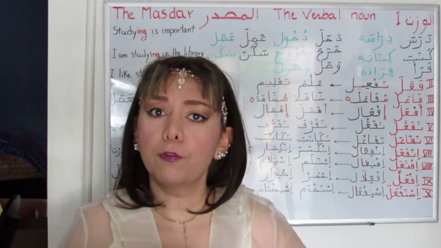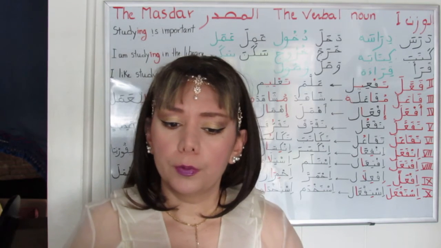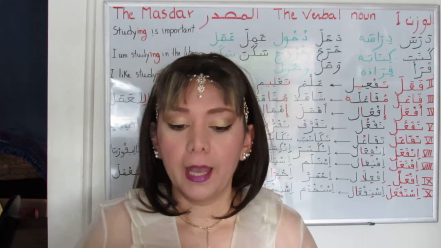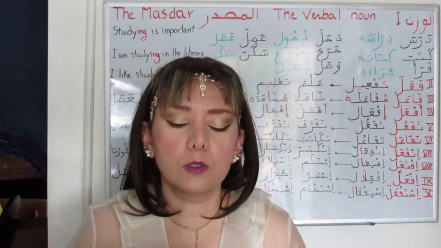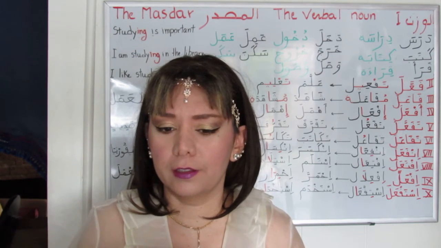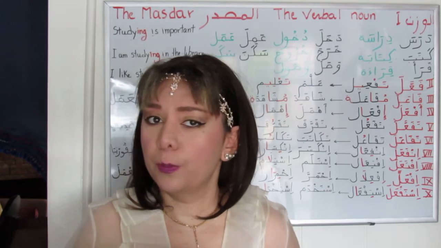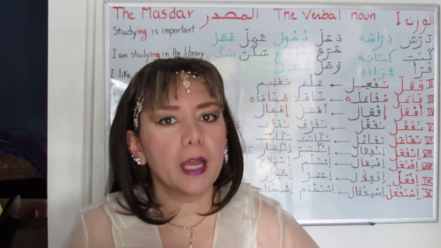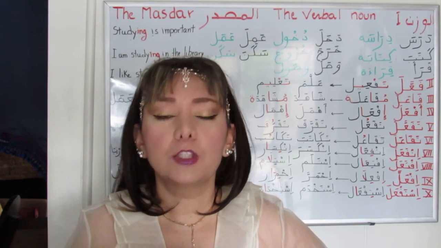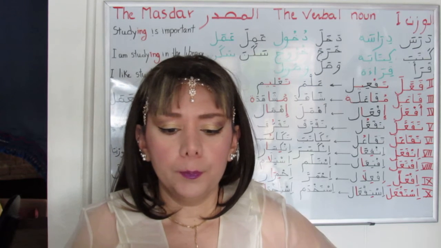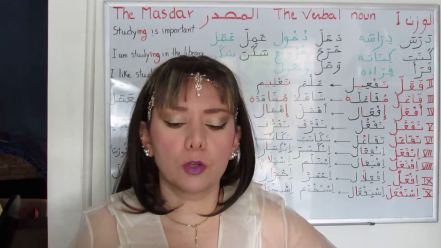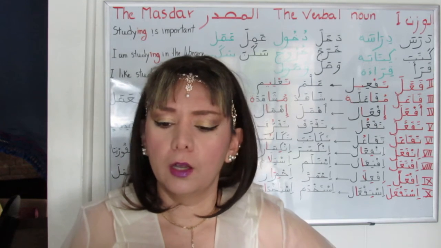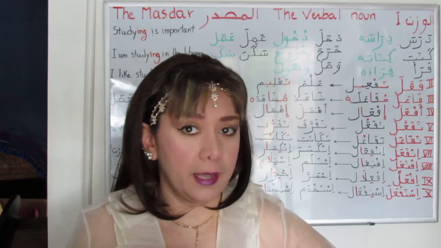Be aware that some form 1 verbs can have more than one verbal noun, and that these nouns may differ in meaning from each other. Do not try to memorize the patterns themselves. Just learn the actual nouns. But it's good to be aware of the possibility in terms of patterns, so that you can tell what is going on when you are reading a text.